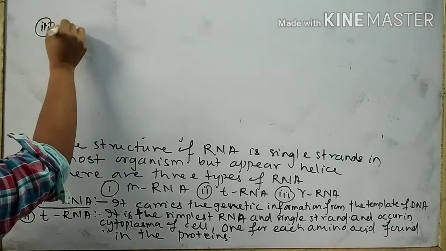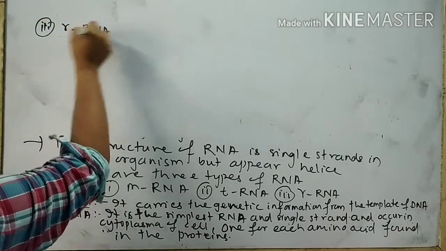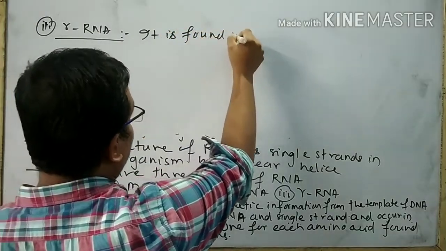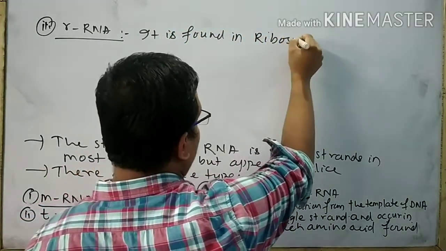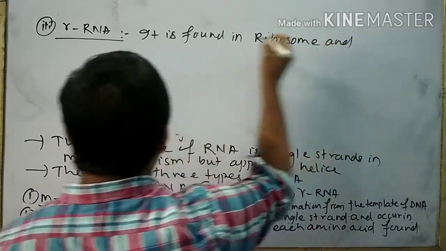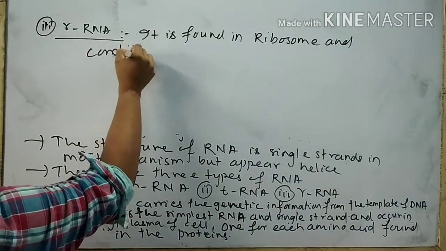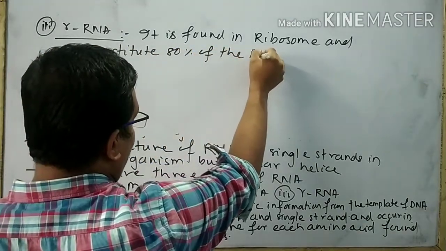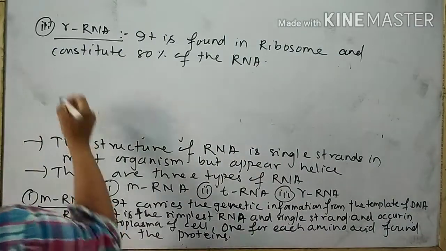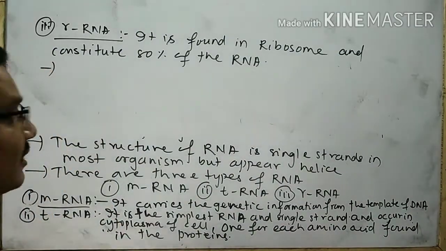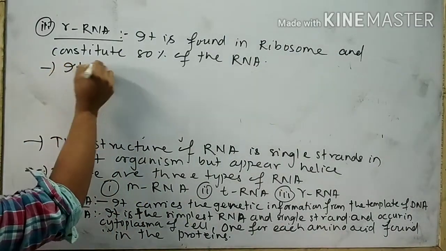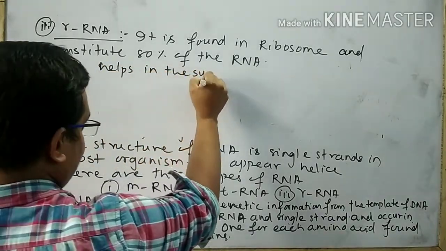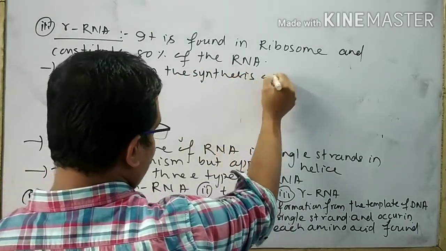Next is rRNA. It is found in ribosomes and constitutes 80% of the RNA. rRNA helps in the synthesis of protein, so we can write: it helps in the synthesis of protein.